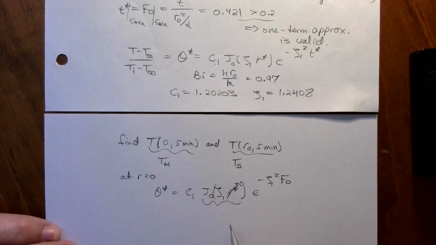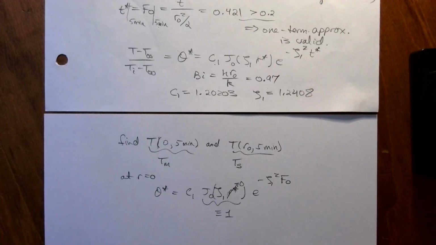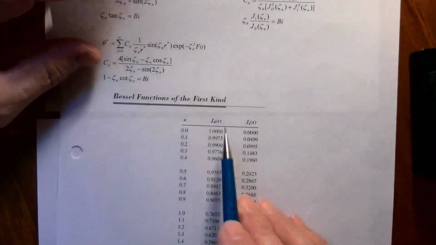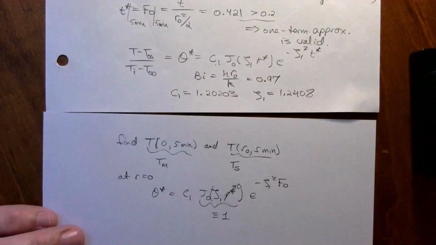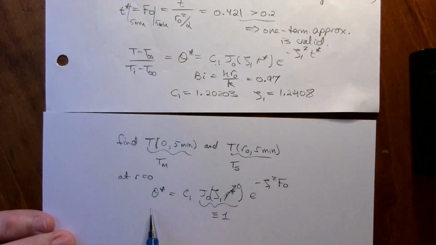It turns out that J naught at 0 is equal to 1. So theta star is now equal to C1 e to the minus zeta 1 squared times a Fourier number. This Fourier number is 0.421.